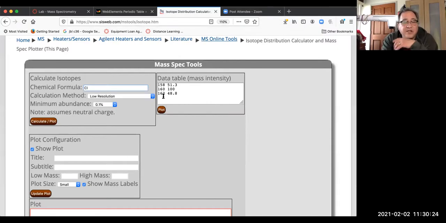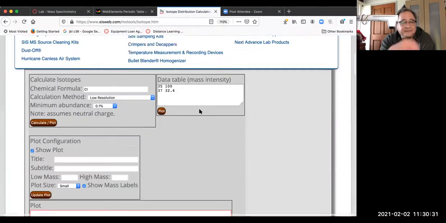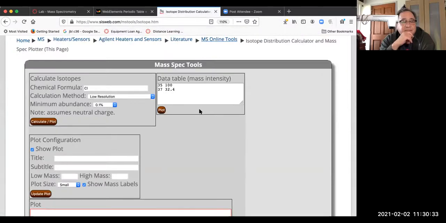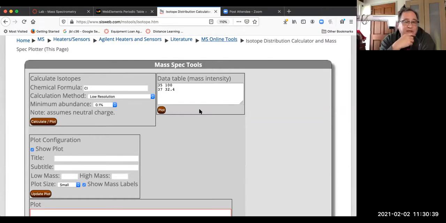Here's the spectrum of atomic chlorine. How many isotopes are there? 2. 35 and 37. Which one is bigger? 37. 35. Oh, I'm sorry.